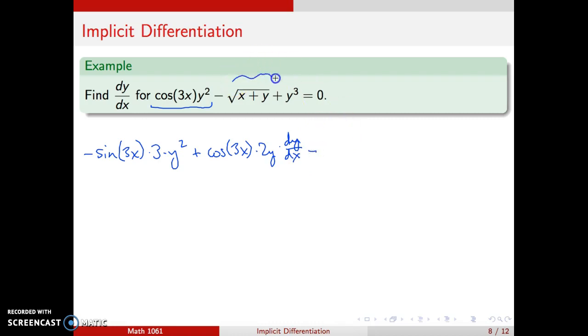minus, I'm going to think of this as x plus y to the 1/2, 1/2 times x plus y to the negative 1/2 times the derivative of the inside, which is 1 plus dy/dx, plus 3y squared dy/dx equals 0.